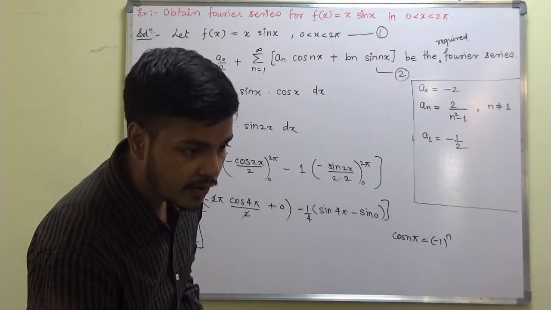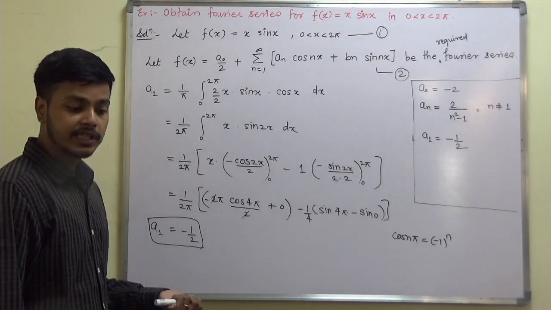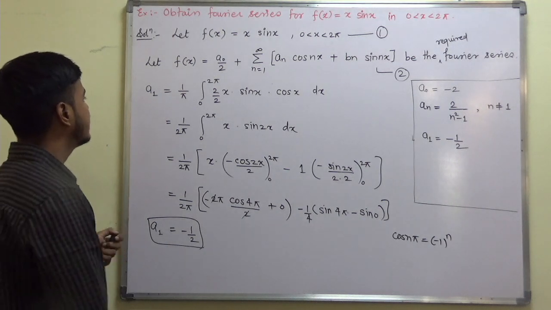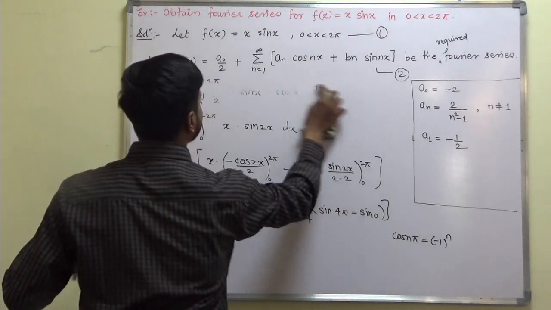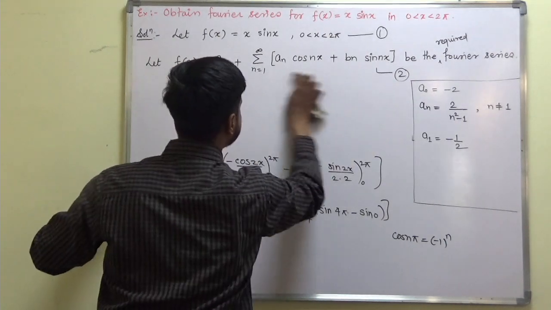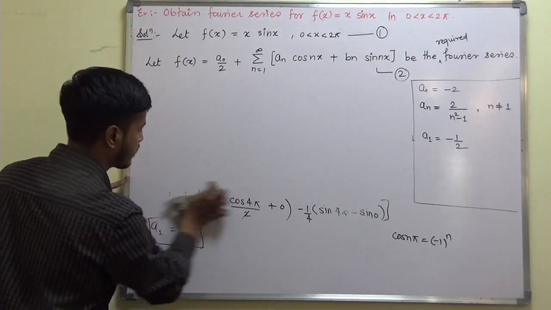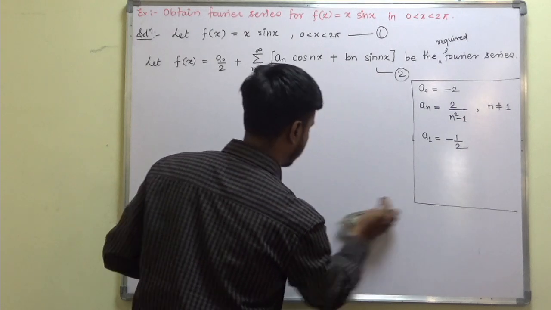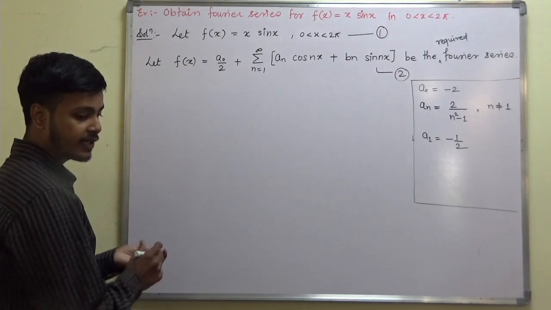Okay, now let us find out the B1. Okay, here itself you can find out Bn, B1. Very lengthy problem is there. So after finding out A0, An, we are going to find out Bn.